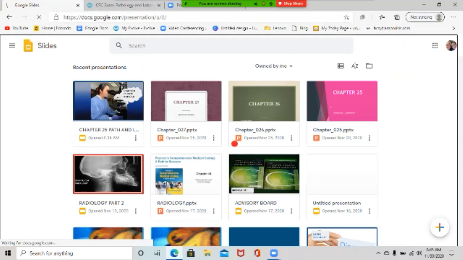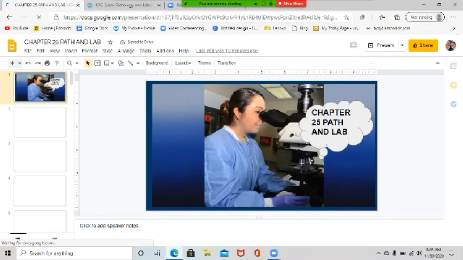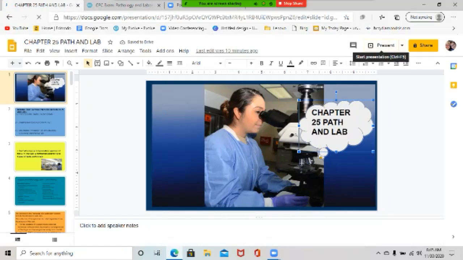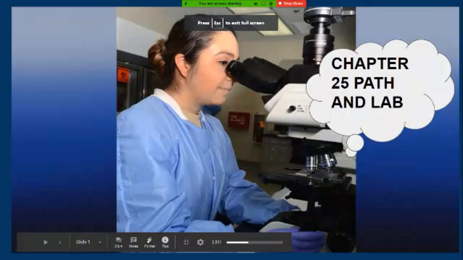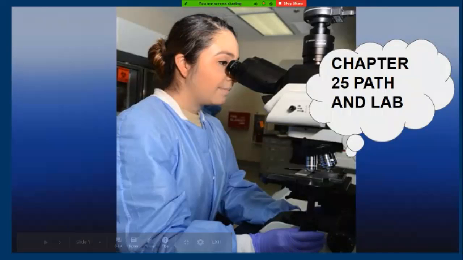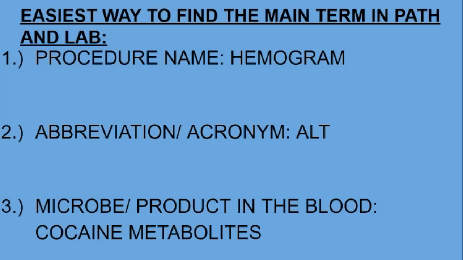So we're going to move straight into our Path and Lab slides. Now get comfortable. There's quite a bit of these. Remember, you need to have out your CPT books so that as I give you these number ranges, you can pull out your CPT books and actually follow along there. So Chapter 25, Path and Lab.